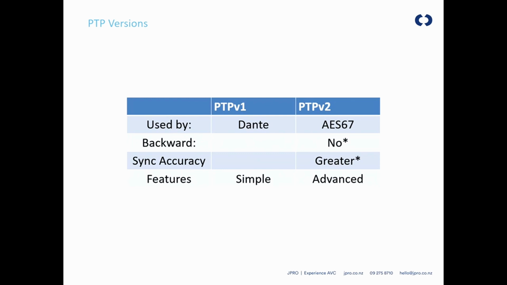When PTP v1 came out, and Dante in this instance, that was before PTP v2. Obvious, I know, but there is a thing to understand with these: PTP v1 came out quite some time ago, and Dante came out about a year after that, and Dante used PTP v1 first.